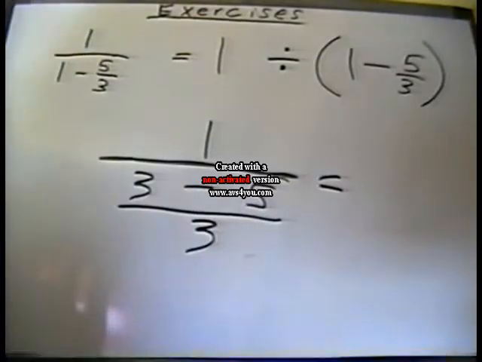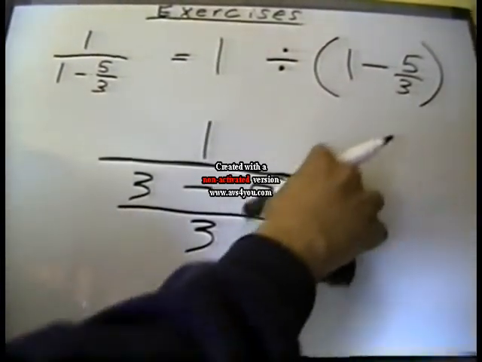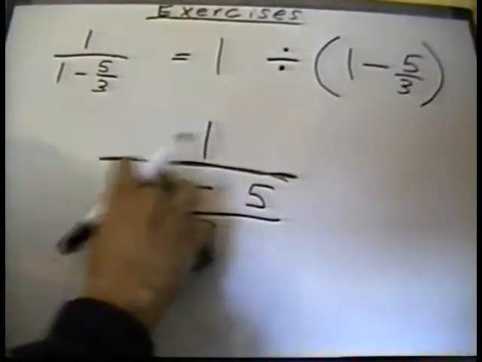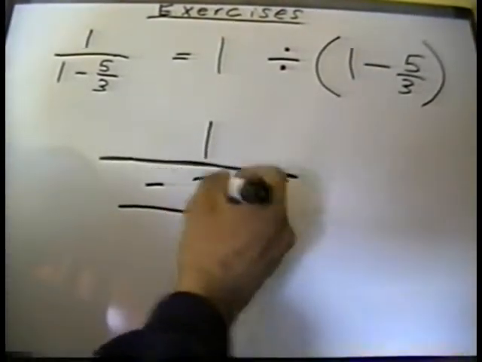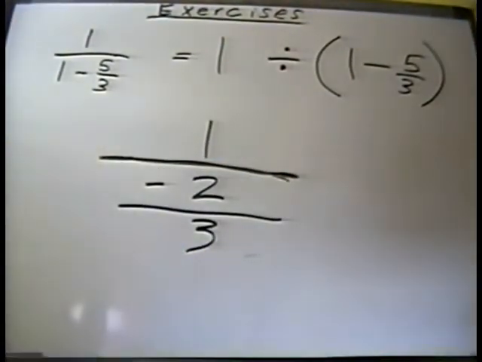So that's going to give you a negative result. So you're going to get negative 2 over 3.